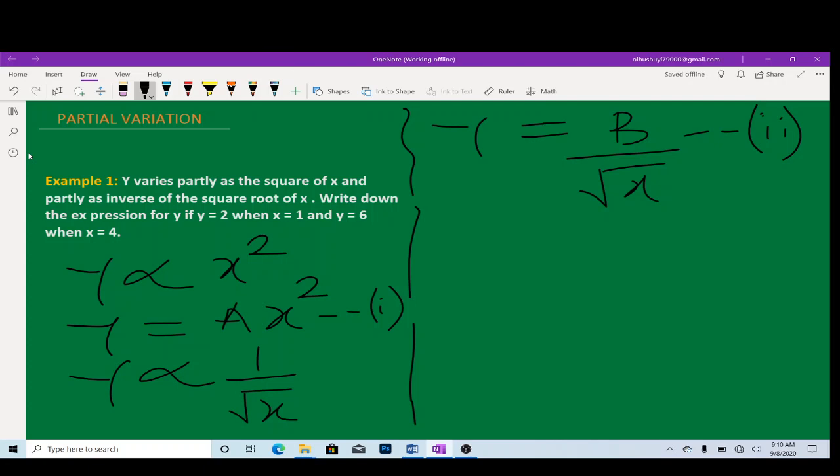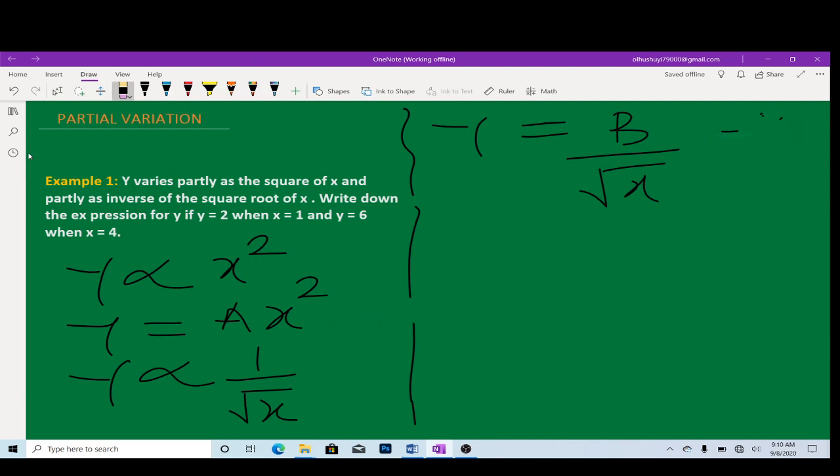So from equation 1, they say when y is 2. First and foremost, I can combine these two together. Let me not call this equation 1, because we're going to have another equation.